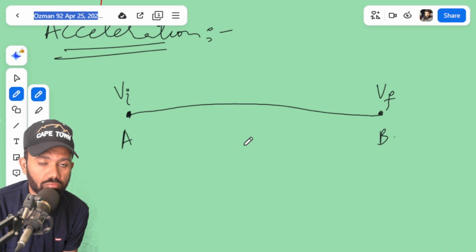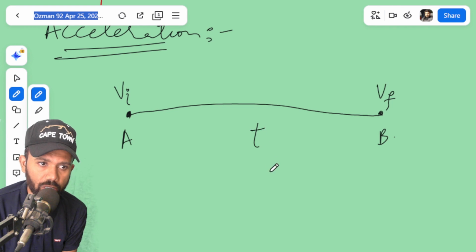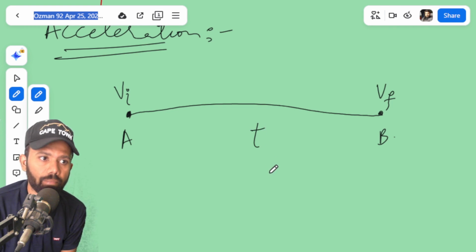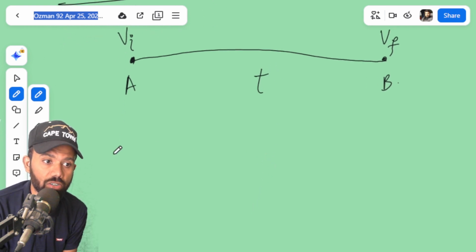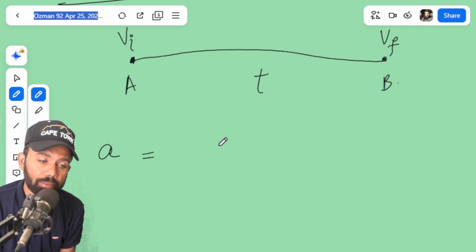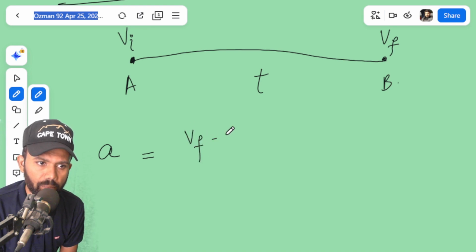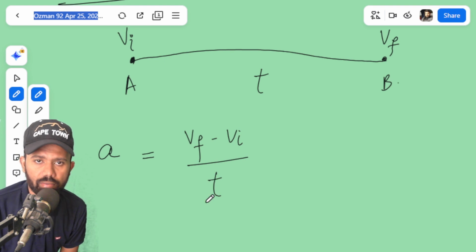And of course it took time to travel from point A to point B, and that time is denoted by t, right? So we define acceleration, represented by a, as the rate of change of velocity, so Vf minus Vi divided by t, right?